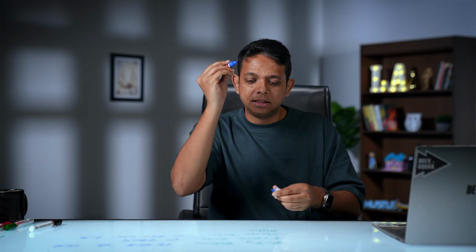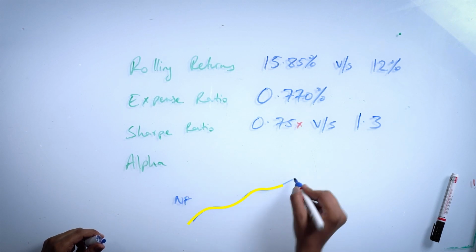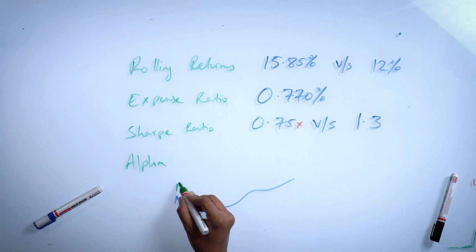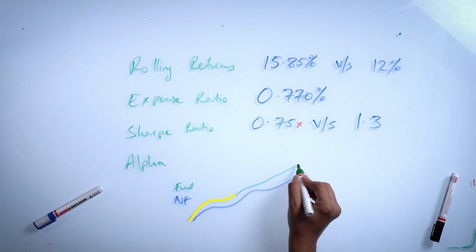Now remember, you are investing in an active fund, such as this, where a fund manager is trying to actively beat the index. Index is the benchmark. So let's suppose this is Nifty. So I'll call this NF. And this is what Nifty is doing. You ideally want your fund, and I'll call this, well, fund, to beat Nifty by a certain amount and actually grow.